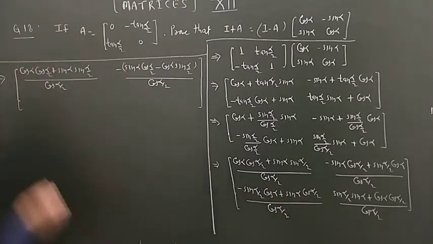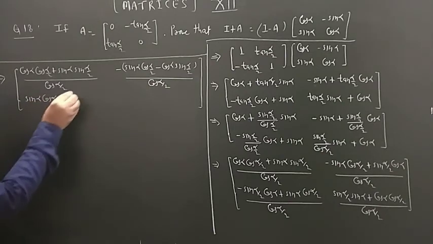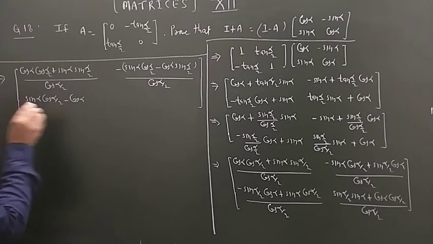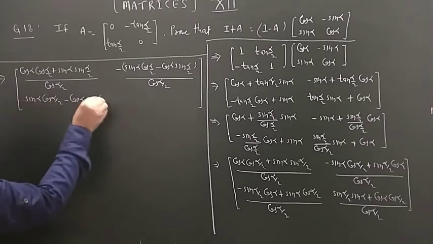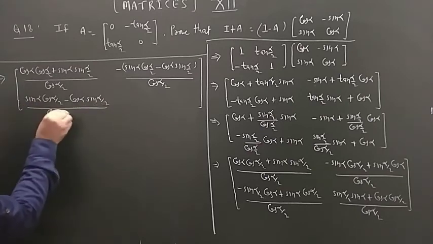Again arrange this term. We have sin alpha cos alpha by 2 minus cos alpha sin alpha by 2 upon cos alpha by 2.